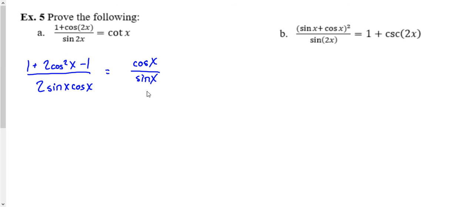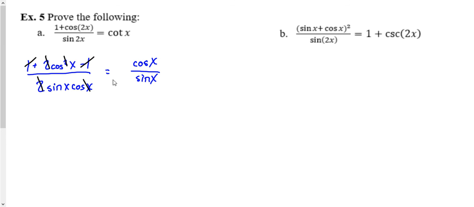Okay, and from here, what can we do? Well, my 1 and 1 numerator will cancel out because I have positive 1, negative 1, that cancels out. I have 2 and 2, these two will cancel out, and I have cos squared x and cos x, so again, my squared and my cos will cancel out as well. What does that leave me with?